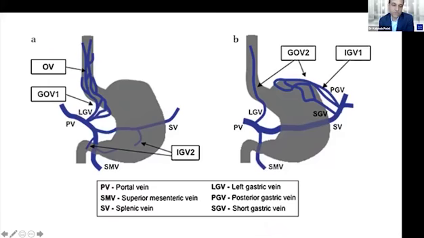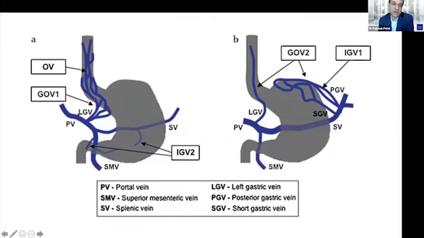Most of you are, I'm sure, familiar with the Sarin classification, and I want to illustrate how it correlates to the underlying vascular anatomy we just reviewed. We commonly see esophageal varices, and when those extend along the lesser curvature of the stomach, they are referred to as gastroesophageal varices type 1, or GOV1.